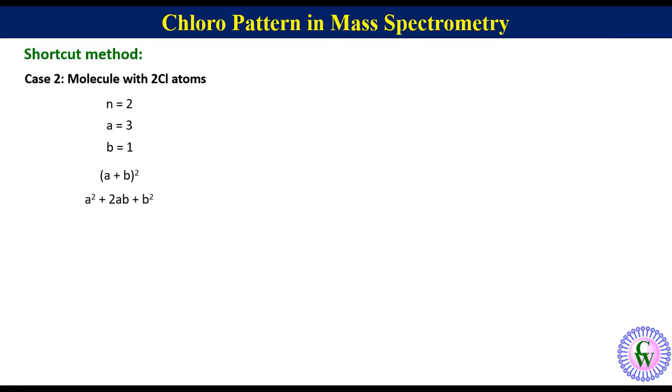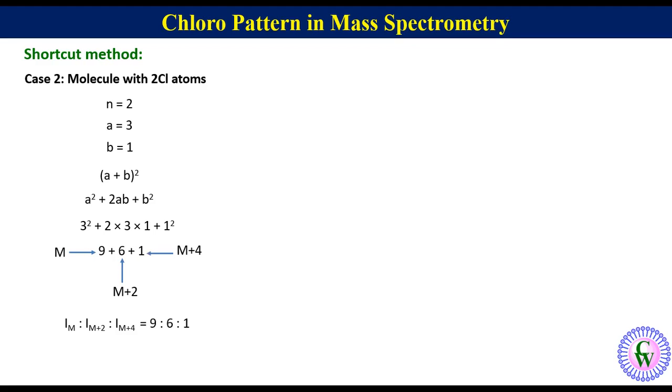Putting the values of A and B will give 3 square plus 2 into 3 into 1 plus 1 square, or 9 plus 6 plus 1. These are the relative abundance of M, M plus 2 and M plus 4 peaks. Thus the intensity ratio of M, M plus 2 and M plus 4 peaks will be 9 is to 6 is to 1.